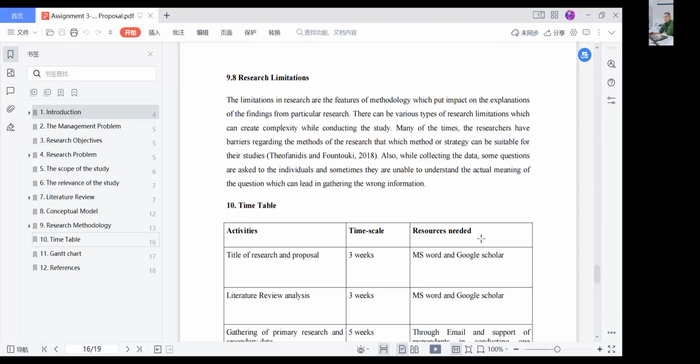Many times, the researchers have barriers regarding which method or strategy can be suitable for their studies. Also, while collecting the data, some questions are asked to the individuals and sometimes they are not able to understand the actual meaning of the questions, which can lead to gathering wrong information.